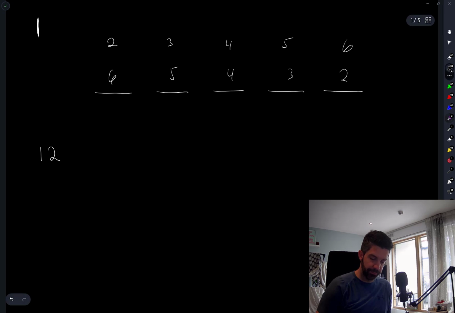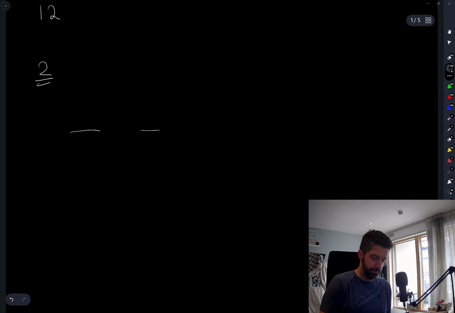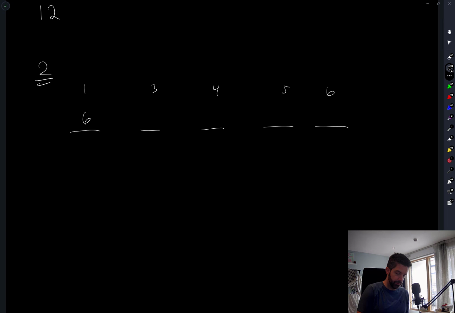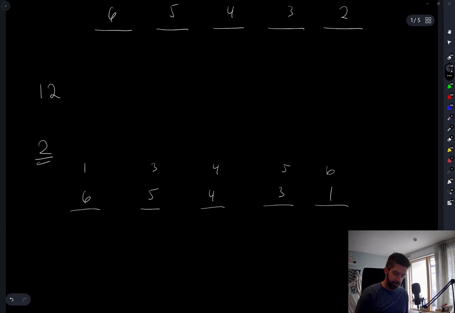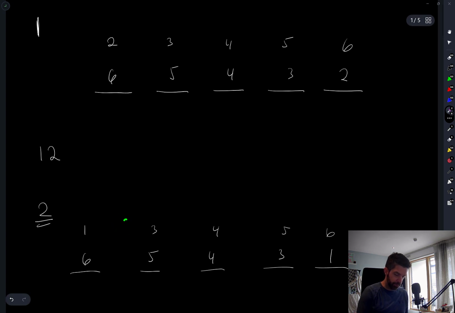Now if I do the same thing with the number 2, the number 2 is going to be removed. So the remaining numbers have to be 1, 3, 4, 5, 6, or 6, 5, 4, 3, 1. And where can I put the number 2? Well, if I put the number 2 here, that double counts one of my sequences. It double counts this sequence when the number 1 is put there.